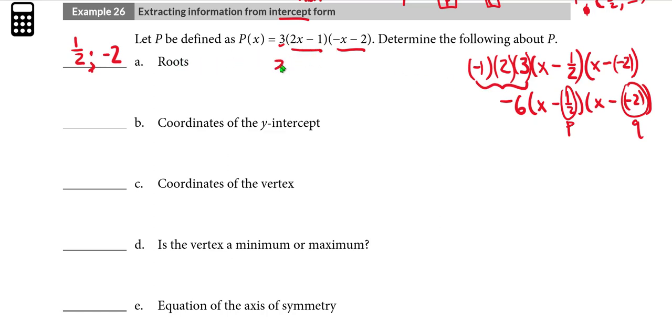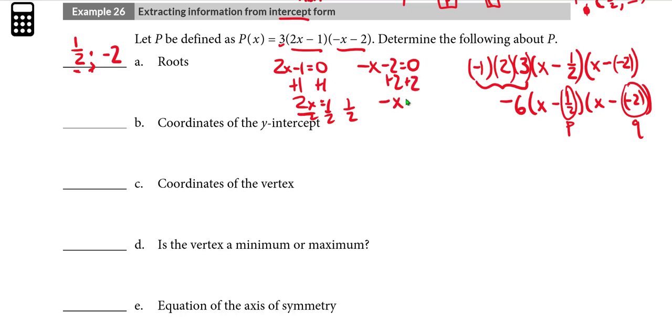Remember, I could also just use the zero product property to find the root associated with this first factor. So that's plus, why am I adding 2? I should be adding 1 there. Plus 1, I get 2x equals 1, divide by 2, and of course I get x equals 1 half. That's what I got over here. And then for this one over here, negative x minus 2, I'm going to use the zero product property there as well.